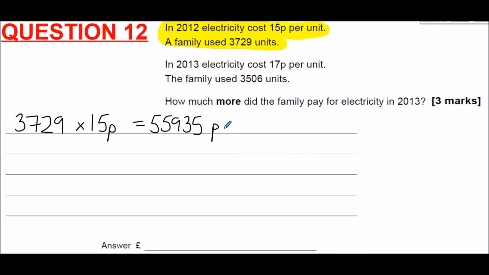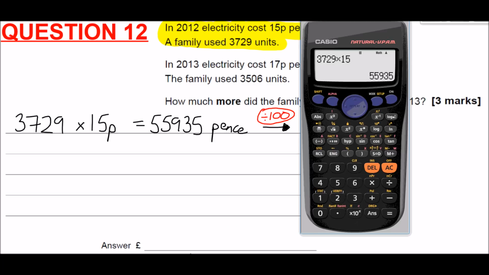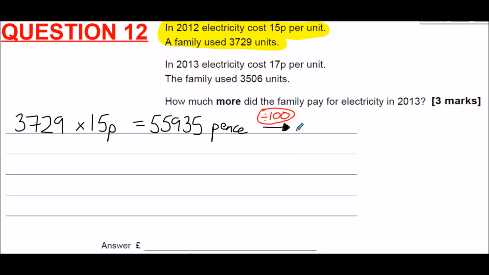And so that's going to be in pence, which, if we like, we can convert to pounds. There's 100 pennies in £1, so the conversion factor is 100. So we can divide by 100, and what we'd get for this would be £559.35.